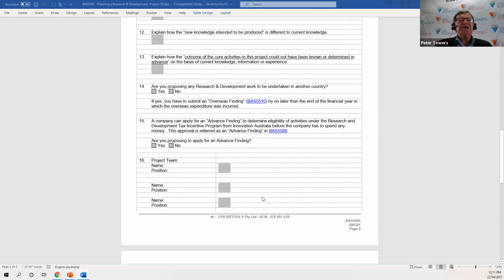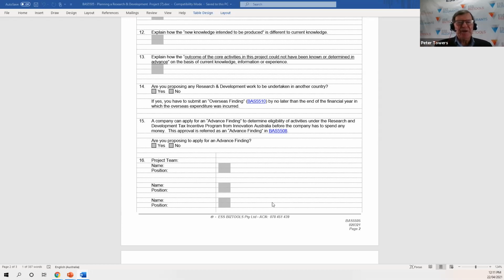It's also a good idea to clearly identify who the project team's going to be, because one of the key issues there is to make sure that they have signed appropriate confidentiality agreements and assignment of intellectual property agreements. There have been some cases where a person who has been employed and their job description is fairly narrowly defined, and they signed a confidentiality agreement based on that narrow description, and they then become a member of the research and development team, but their employment agreement did not relate to their research and development activities.